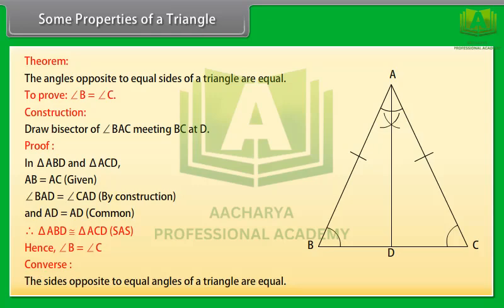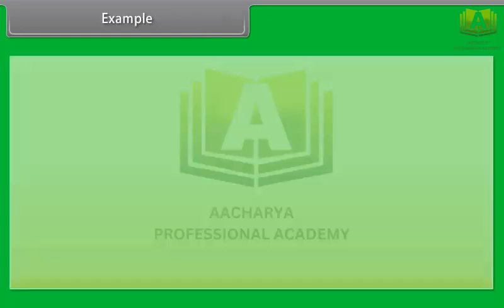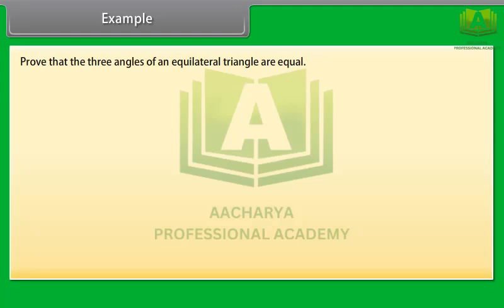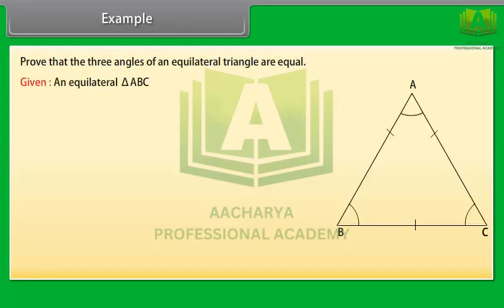triangle are equal. Example. Prove that the three angles of an equilateral triangle are equal. Given an equilateral triangle ABC, we have to prove that angle A is equal to angle B, which equals angle C. Proof. AB is equal to AC is given.